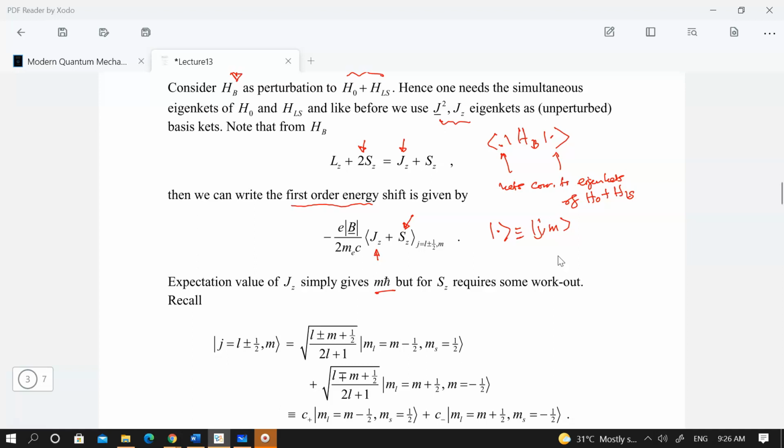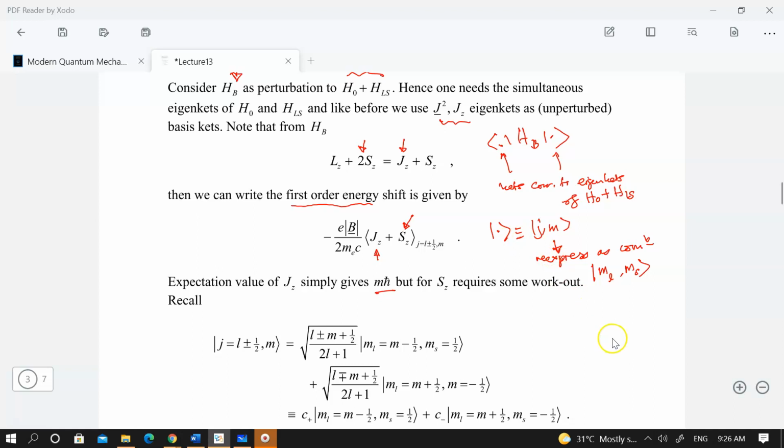What we need in this particular case is to re-express this as a combination of the uncoupled representation, which is in this case your ML and your MS. Essentially that involves the Clebsch-Gordan coefficients.